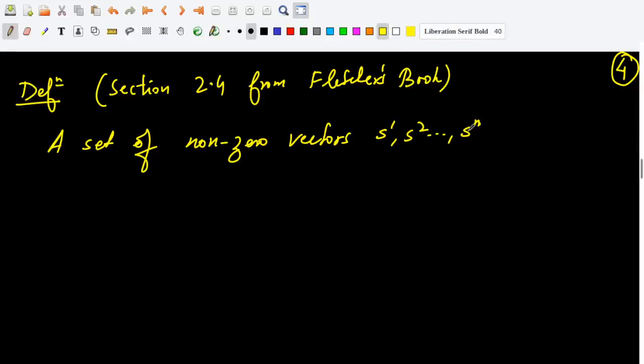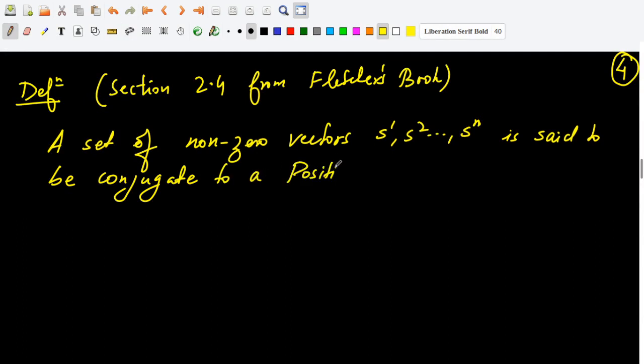So this set is said to be conjugate to a positive definite matrix G, again of size n cross n. So these two n's are the same.